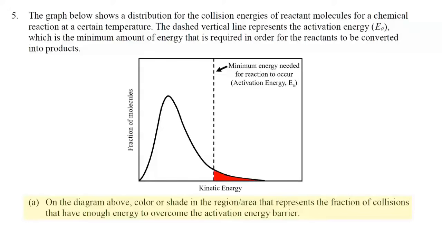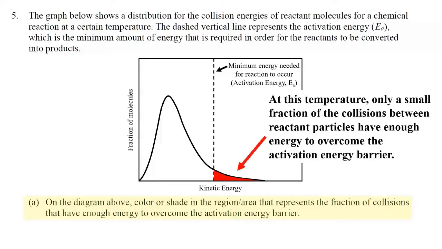Well, there are lots of collisions happening in a chemical reaction, but not all of the collisions are actually successful or lead to the formation of products. At this temperature, only a small fraction of the collisions between the reactant particles have enough energy to overcome the activation energy barrier and then lead to the formation of the products.